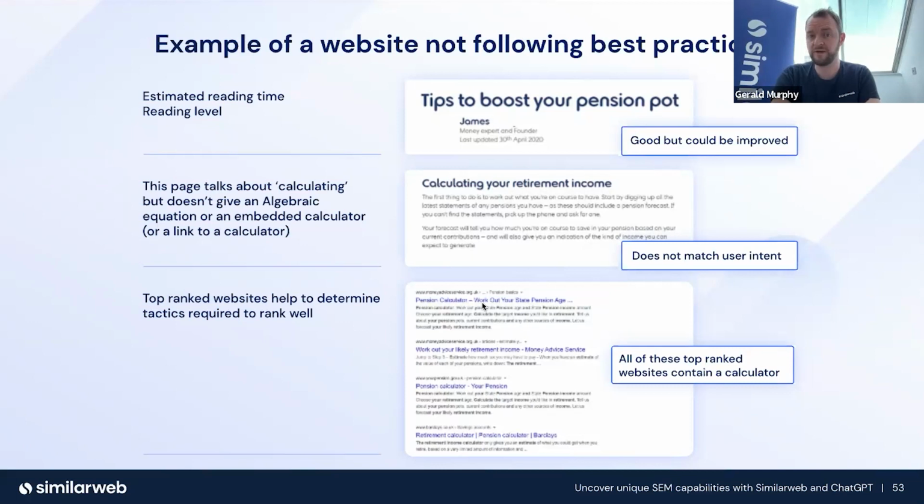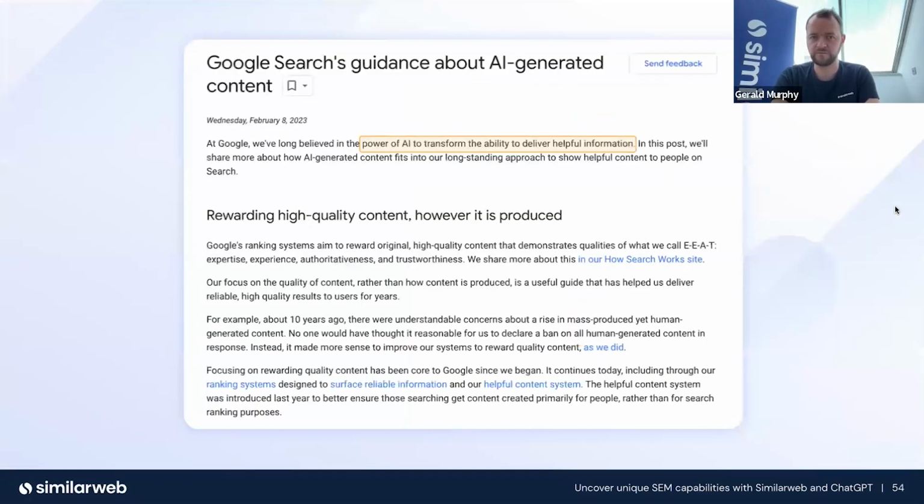And more importantly, when you start looking at the top ranked pages for calculators, you can actually see that all of these pages, when you go into them, they all actually contain a calculator. So they're all very much about the intent of how to calculate a pension pot. And one of the reasons why this particular website didn't do very well is because it didn't match user intent.